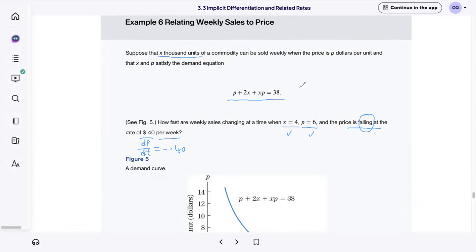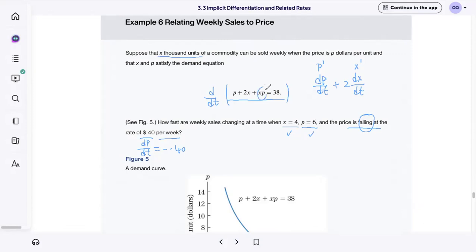So all we have to do is implicit differentiation first. So we're going to take a derivative. We're going to take d/dt of everything. So p derivative is 1. Okay, so 1 times dp/dt. And x squared is 2x dx/dt. If you want to use prime, that's fine. You could use p prime, x prime, all right? But then, so 2x dx/dt.